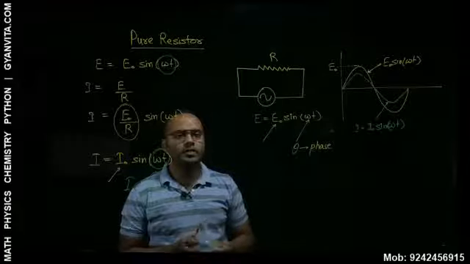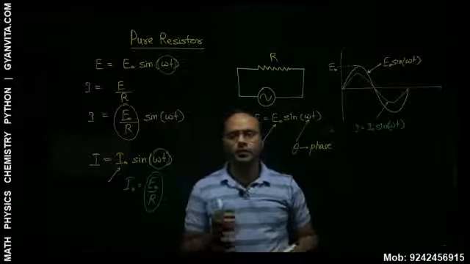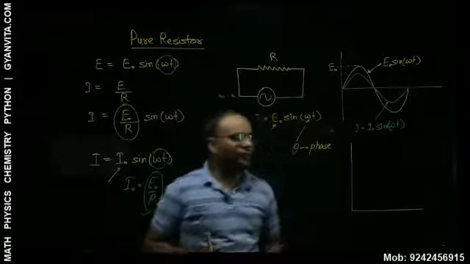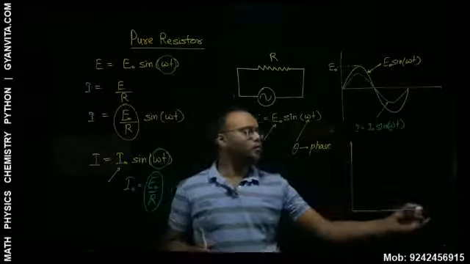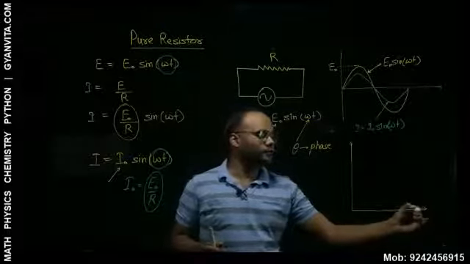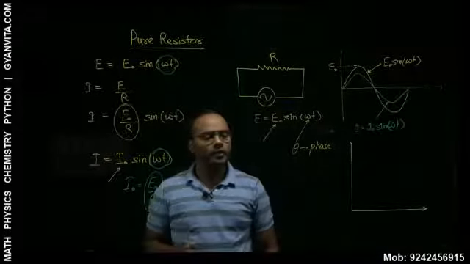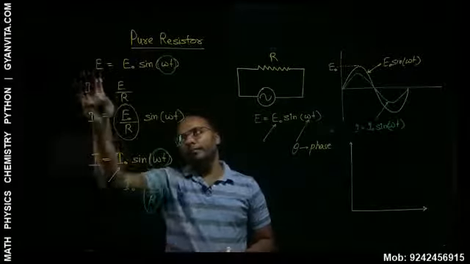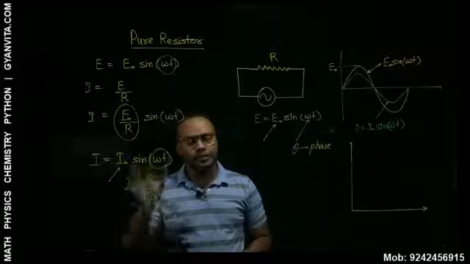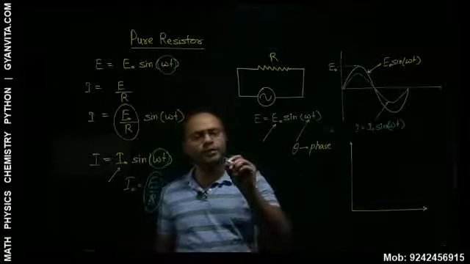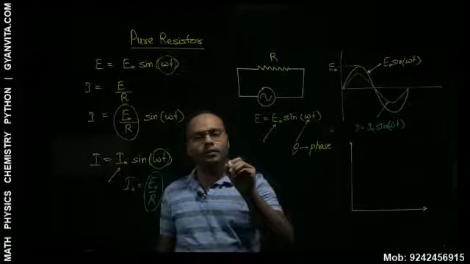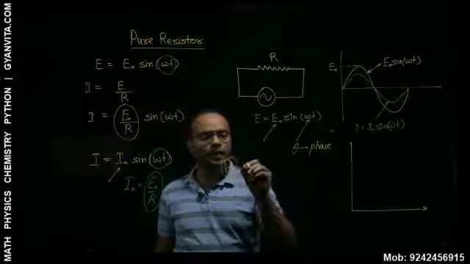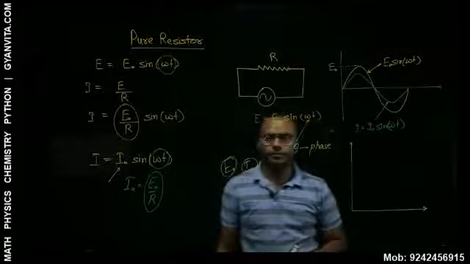Okay, the next thing is the phasor diagram or the phase diagram. So in the phasor diagram, as I said, you will be drawing two vectors, right? And the angle between them. The two vectors will be the same, E and I. You can say we'll be drawing two vectors and the length of them will represent E naught and I naught respectively, right?